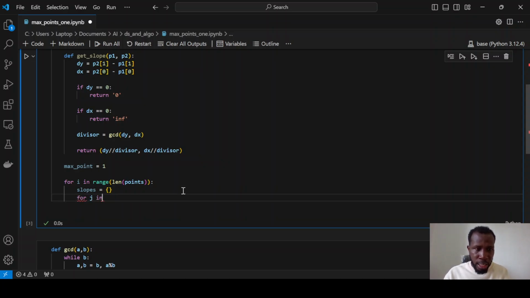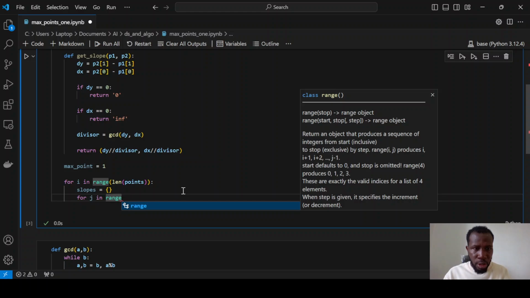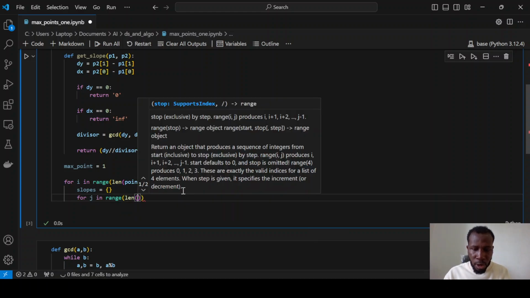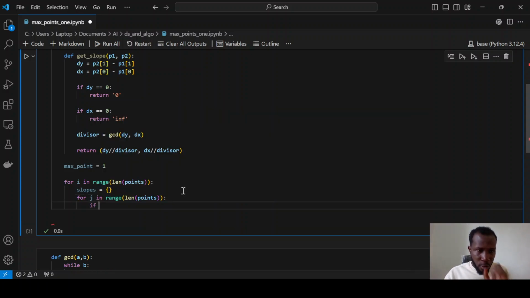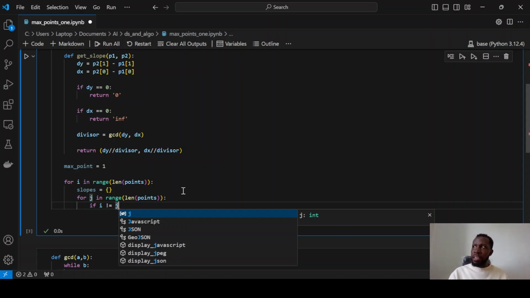Then for j in the range of the length of the points, this conditional statement checks if i is not equal to j. So we don't want a repetition of a slope with the same particular point. For example, if you're considering 1 1 and you have 2 2 and 3 3, you cannot have a slope of 1 1 against 1 1.